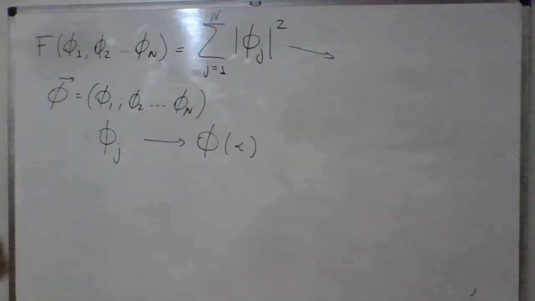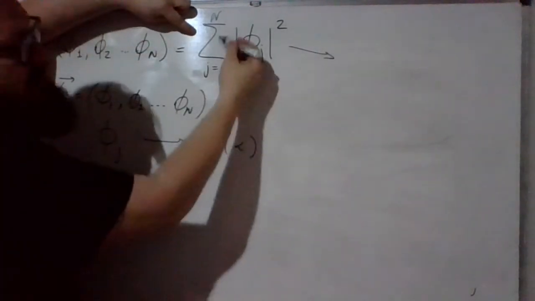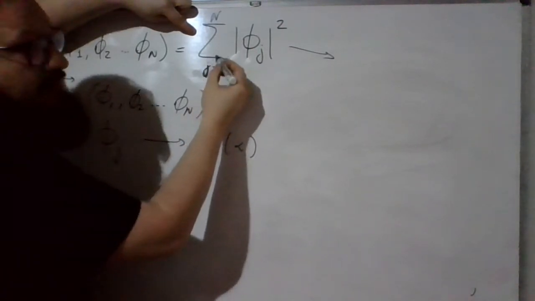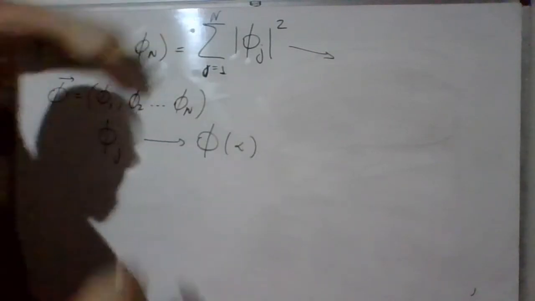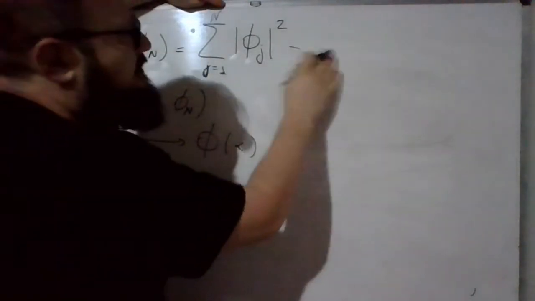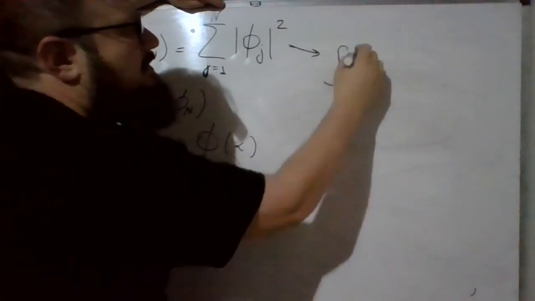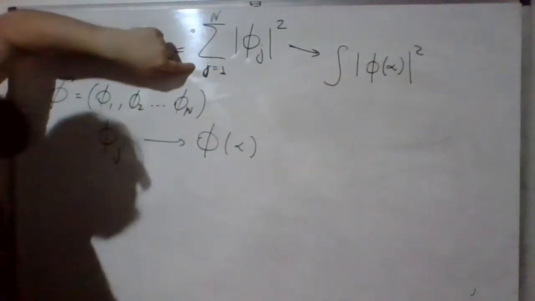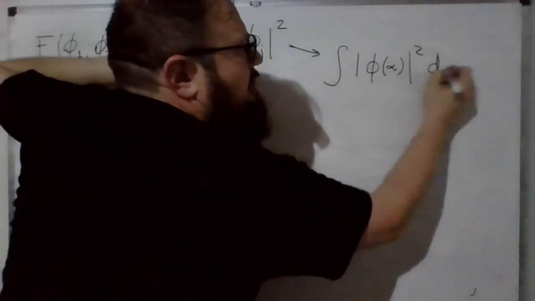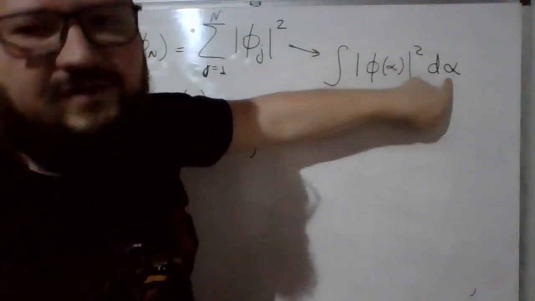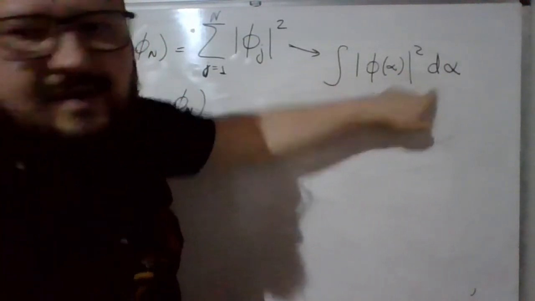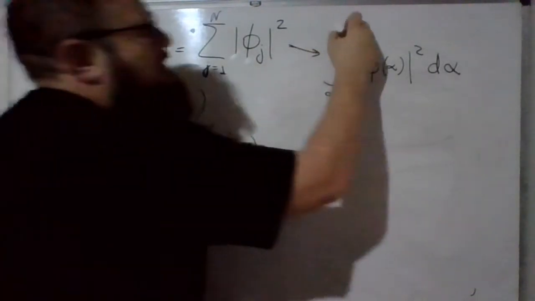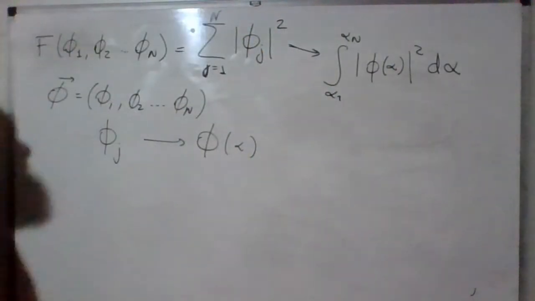In this limit, where the index becomes a continuous parameter and the dimensionality of this vector becomes infinite, this summation becomes an integral of the modulus of phi of alpha squared. I need to sum over all the indices, which means integrate over all the alphas, from alpha 1, corresponding in the discrete case to 1, to alpha n, corresponding to this n here.